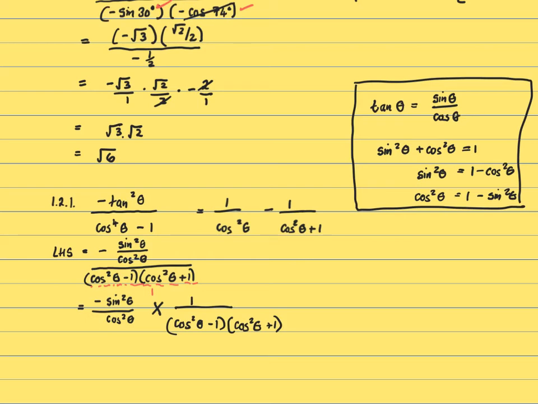Okay, all right, now if I look at cos squared minus 1 and I look at 1 minus cos squared, they're not the same, but can you see that they're switcheroos of each other?